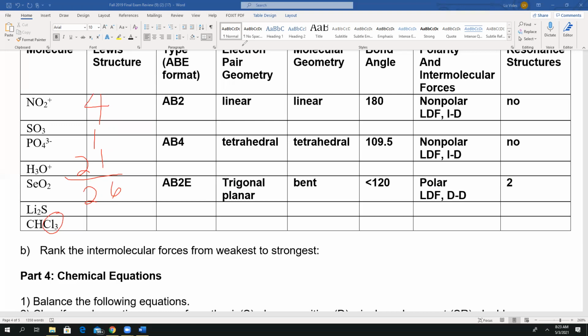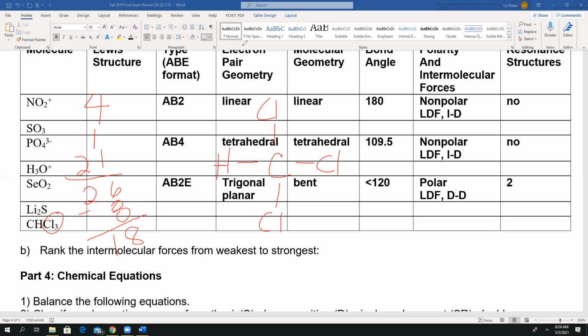Now, you would know that carbon's in the middle because it's the least electronegative of the ones that can be in the middle. Plus, there's only one. Hydrogen can never be in the middle, so you put hydrogen here. You got 3 chlorines going around. And now that we've done that, we used 8 for a total of how many? 18, right?